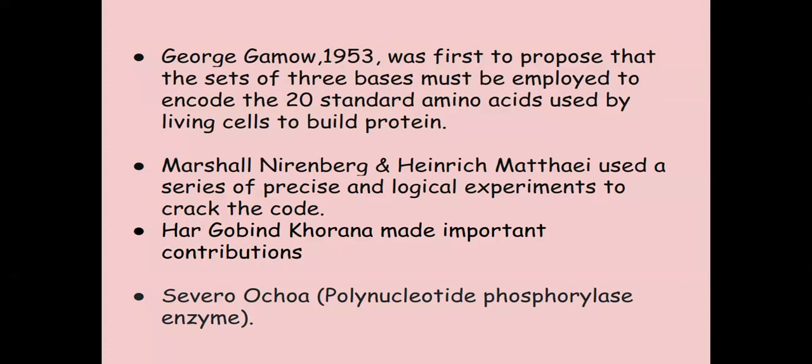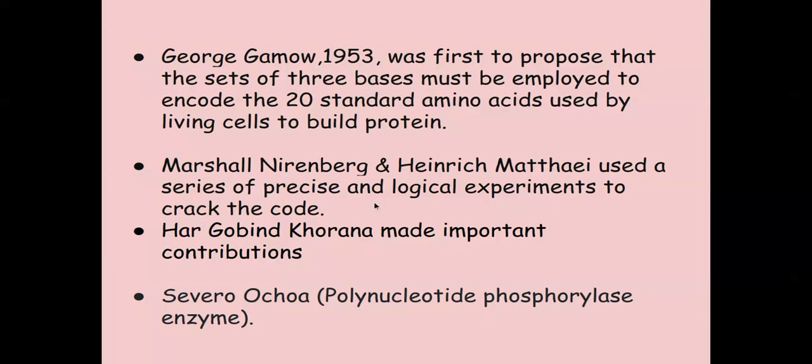And these 20 standard amino acids, which were known to occur in nature, were the building blocks of proteins. So George Gamow just planted that idea that the code is not of one base but a combination of three bases.